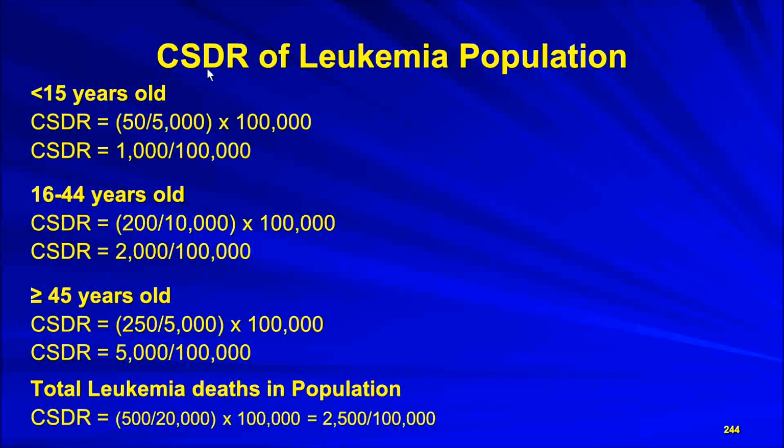And this is a cause specific death rate, and the cause is leukemia. So when we look at the cause, we looked at the total values and did the following calculations, and we came out with 250 cases of leukemia death per 100,000 population, which is our reference group.